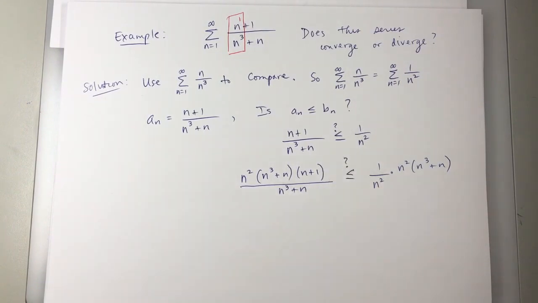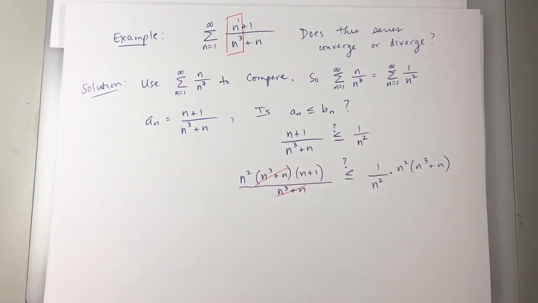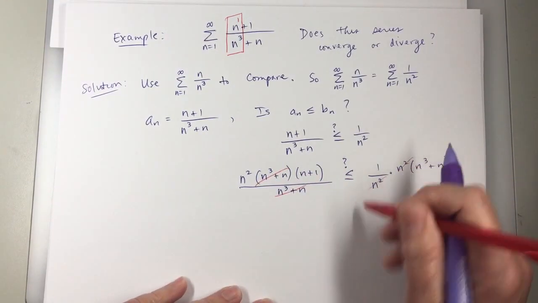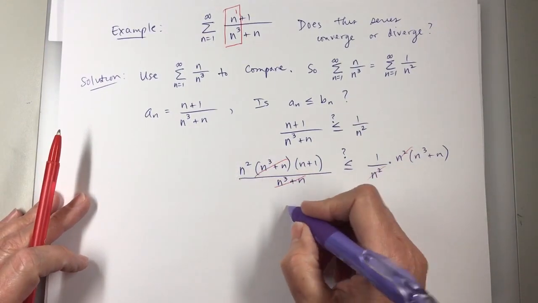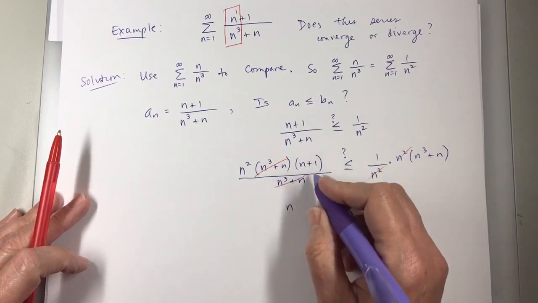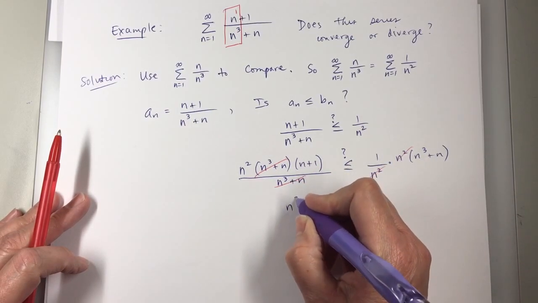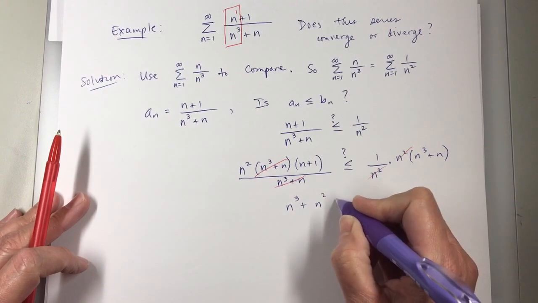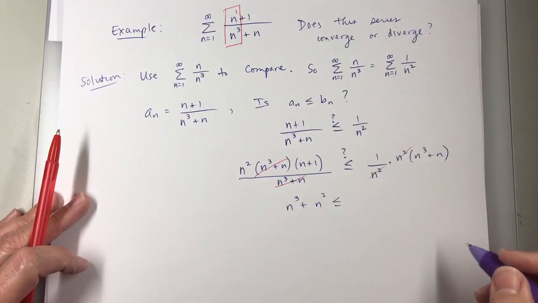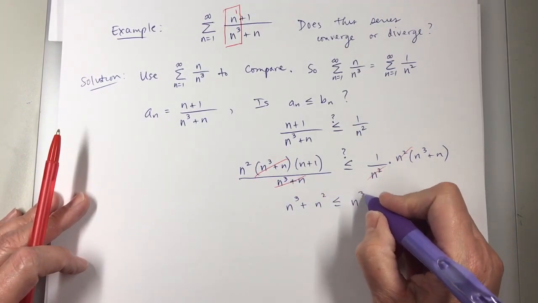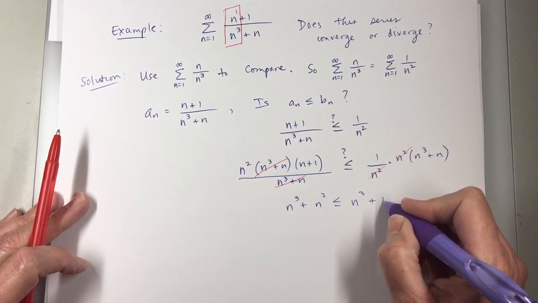This is the question we're trying to answer right here. Let's see, these cancel, and so these are gone, and I have n squared times n plus 1, that's n cubed plus n squared. Is that smaller than or equal to n cubed plus n?